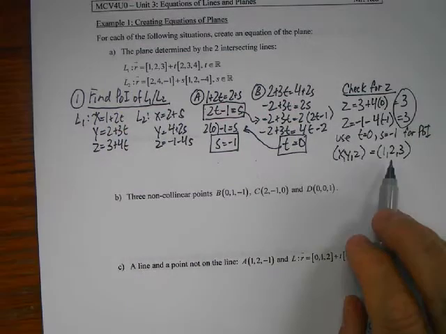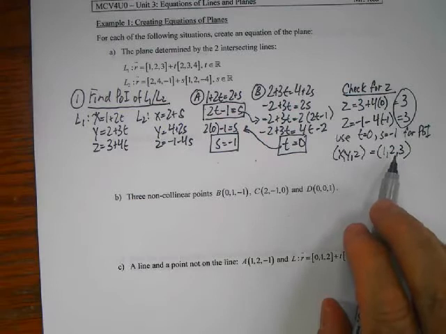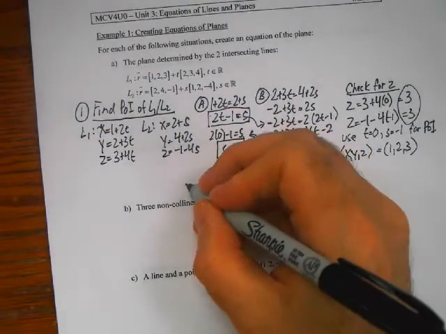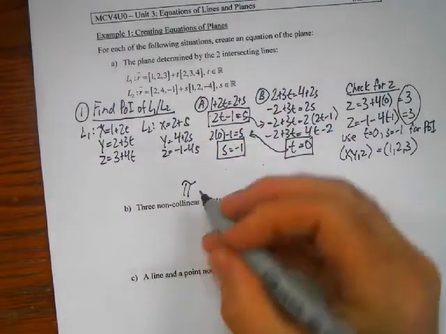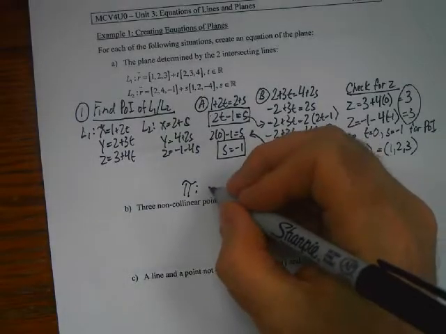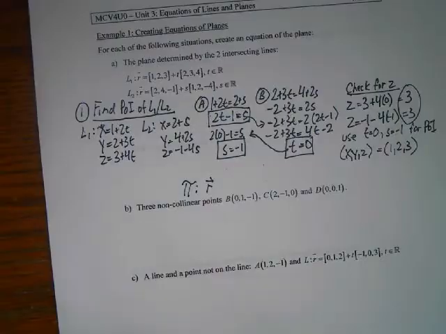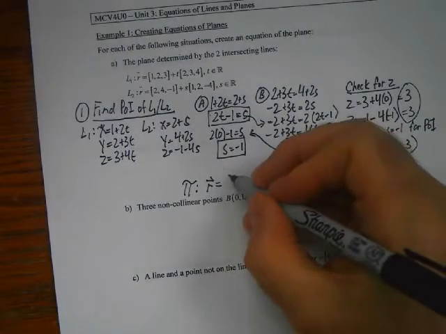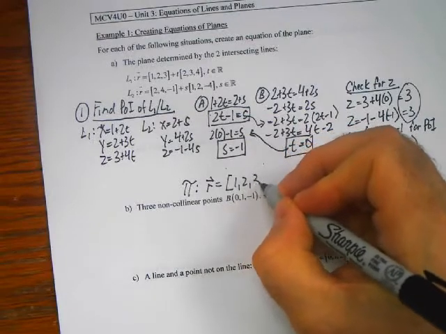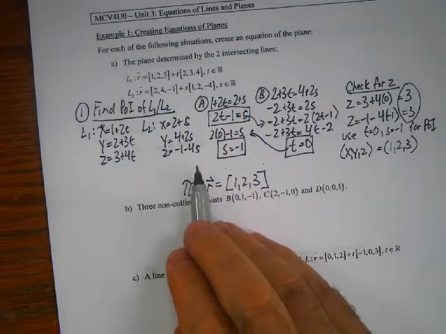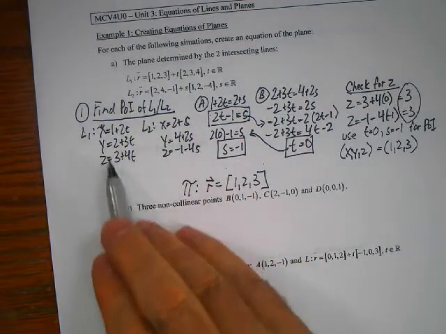So that can be our position vector. For our equation, I'm going to start using the pi symbol for that plane. So that plane equation is equal to, like we said, the position vector 1, 2, 3, which is what I got when I subbed in t equals 0, s equals -1 into the parametric equations.